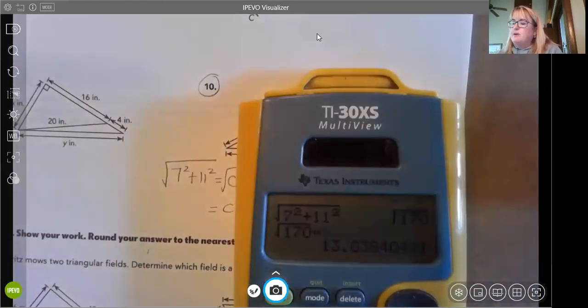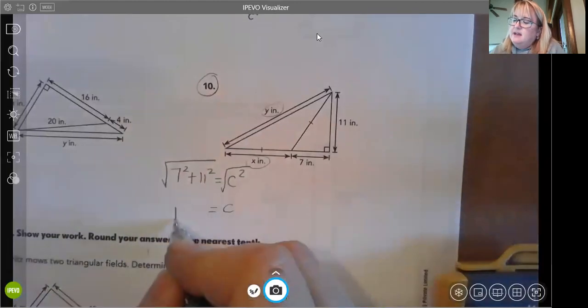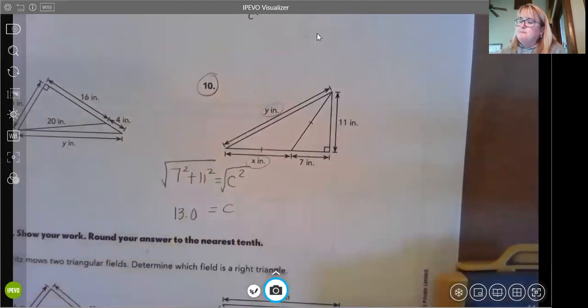Okay, so the square root of 170, which is 13.0384. The directions do say to round to the nearest tenth if you need to. We've got a 0 in the tenths place, so this is going to round to 13.0 because a 3 next to it says so. So the answer is 13.0.